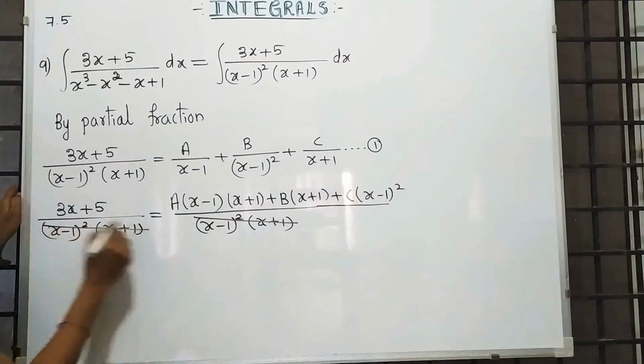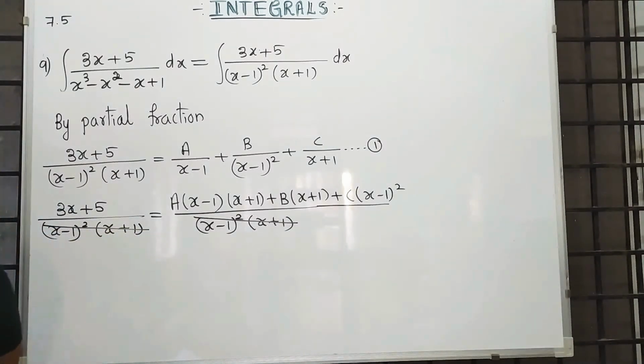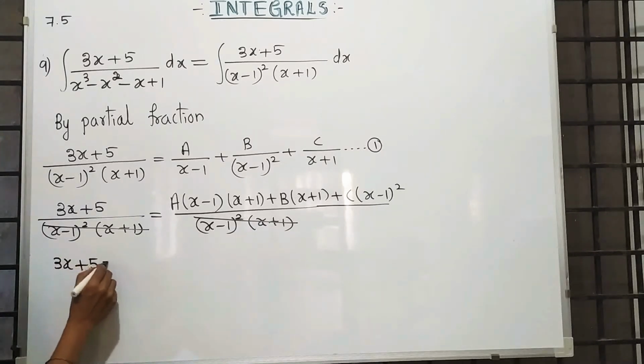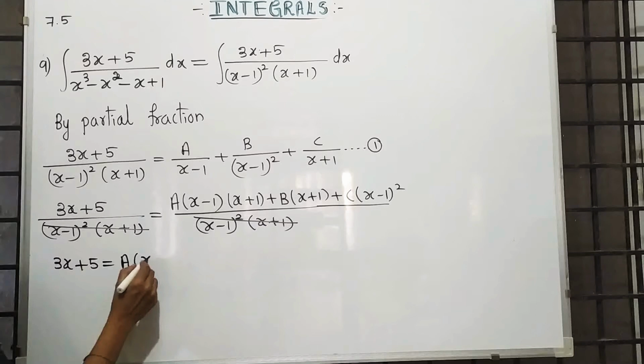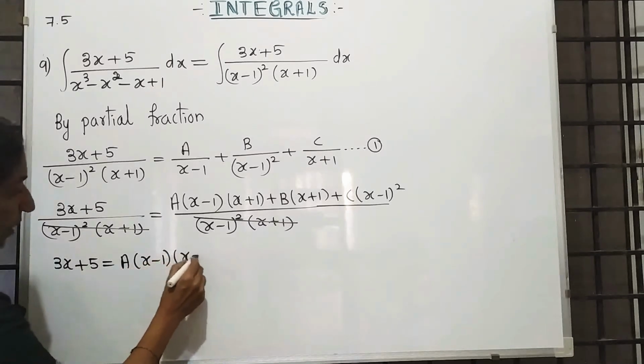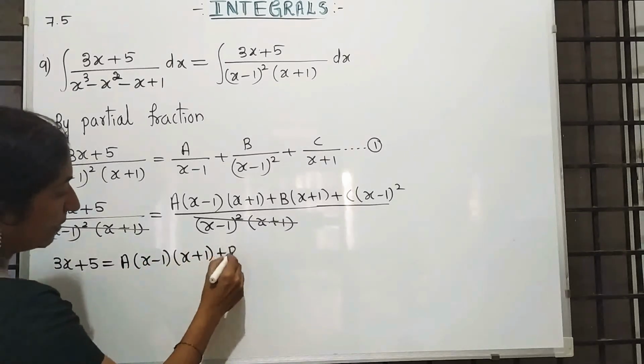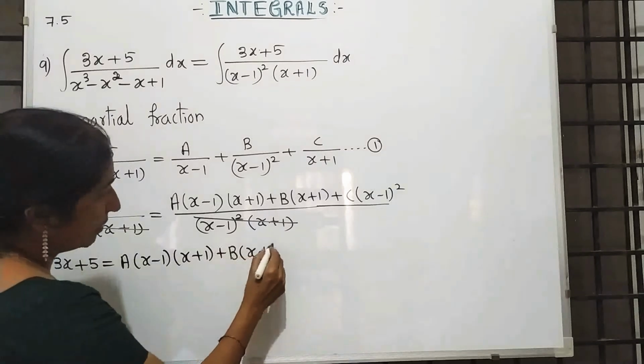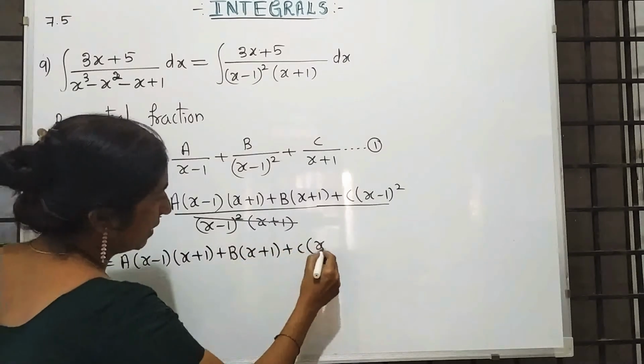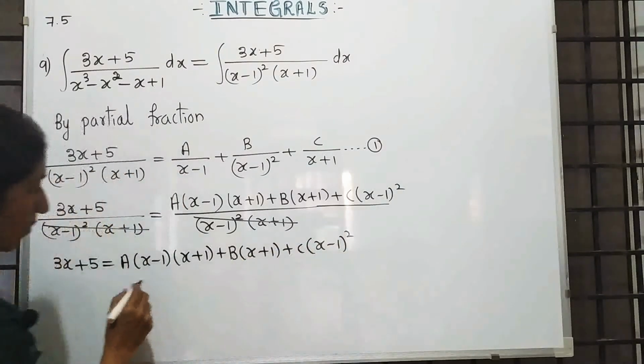Both the denominators get cancelled. Write down the remaining terms. 3x plus 5 is equal to a into x minus 1 into x plus 1 plus b into x plus 1 plus c into x minus 1 whole square.